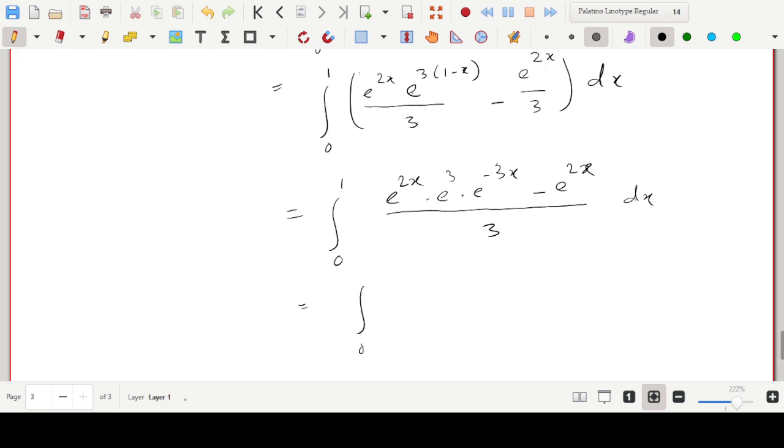So that is e cubed, e to the power minus x, minus e to the power 2x, divided by 3, dx.